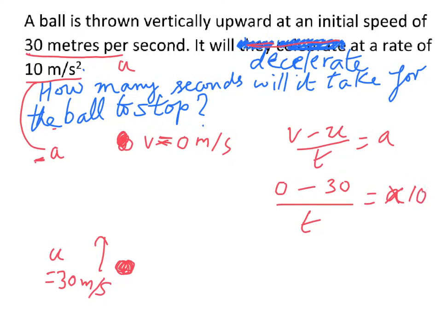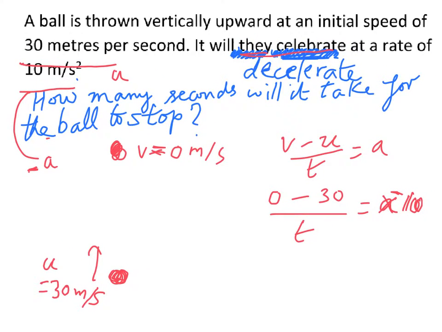instead of a, I'm going to put 10 meters per second square, and this is also a minus 10, if you remember. So to continue from where I left, it's minus 30 divided by t gives you minus 10.